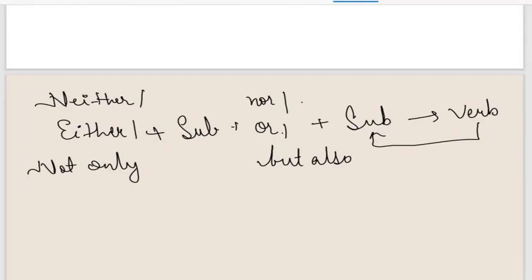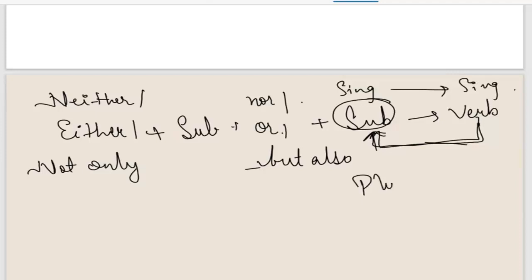So whenever paired conjunctions are used in a sentence to join two subjects, the verb used will always agree with the nearby subject. If this subject is singular, the verb will be singular. But if this subject is plural, the verb will be plural. You need to understand this, okay?